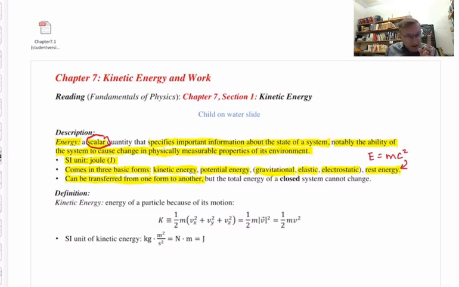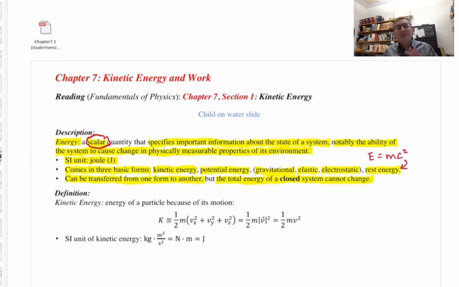We can't prove this next statement, but we have never found an experimental or observational violation of it. And this observation is, the total energy of a closed system cannot change. Closed means closed from outside influences, separated from the outside world. If a system is closed, separated from the outside world, then the total energy of that system can never change. That is an experimental fact that we have observed to be true.